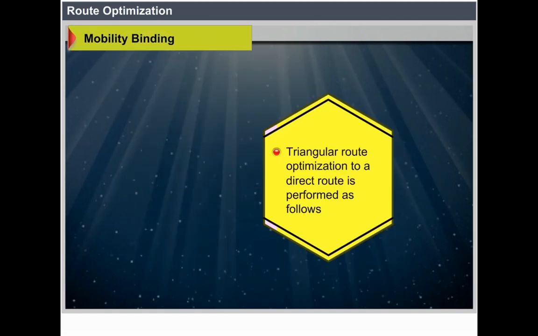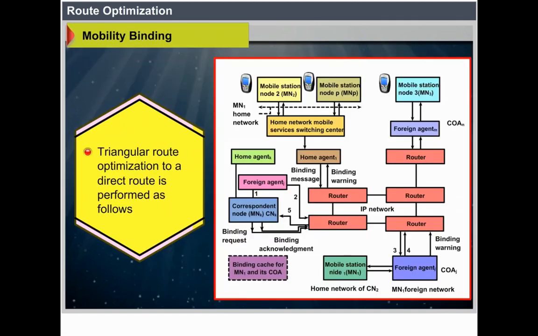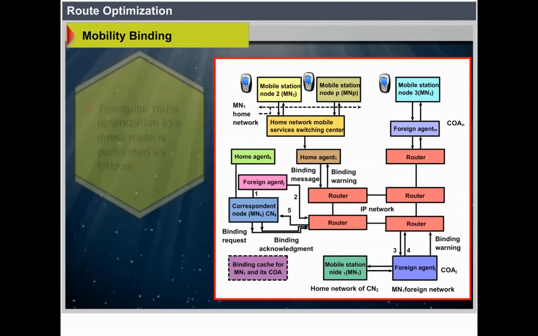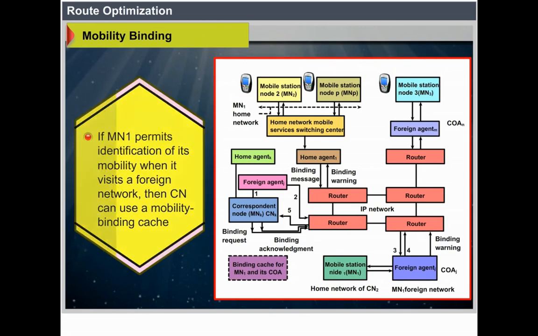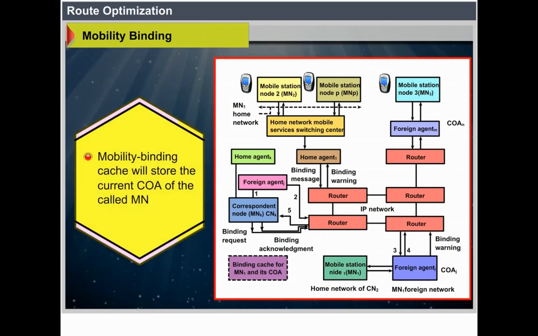Mobility binding. Triangular route optimization to a direct route is performed as follows. If MN1 permits identification of its mobility when it visits a foreign network, then CN can use a mobility binding cache. The mobility binding cache stores the current COA of the called MN.